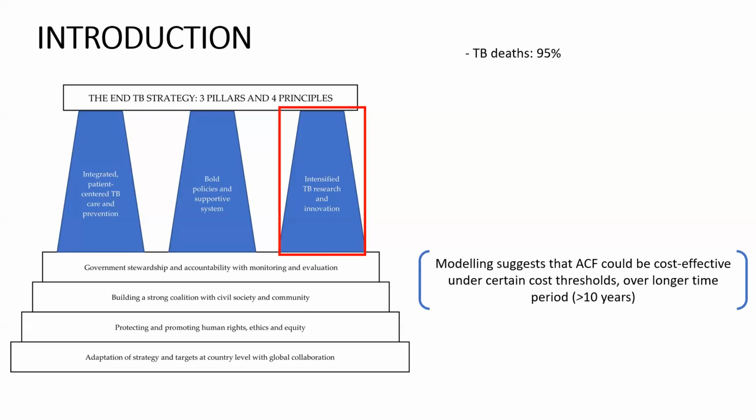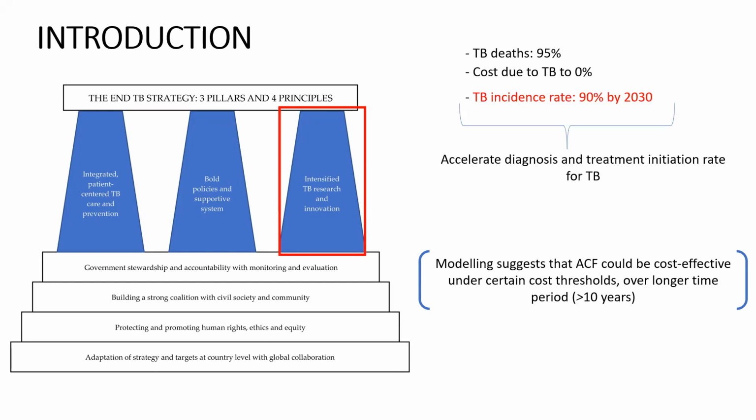The End TB strategy aimed to reduce the cost due to TB to at least 0%, as well as 90% by the year 2030. This paper was mostly based on the third pillar, which is to reduce the TB incidence rate by 30%.